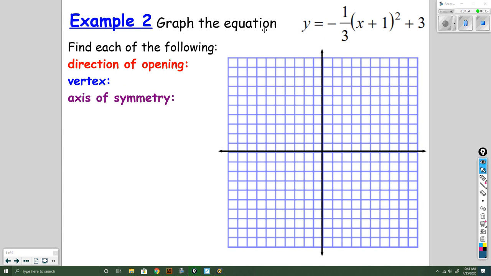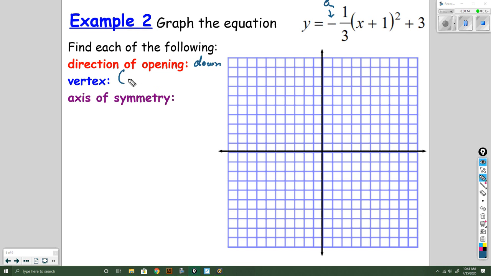All right, I'll go through these rather quickly. These are the same types of parabolas that we went over in the last section. So we're going to go pretty quickly through this. The direction of opening is going to be down, and that's because a is negative.